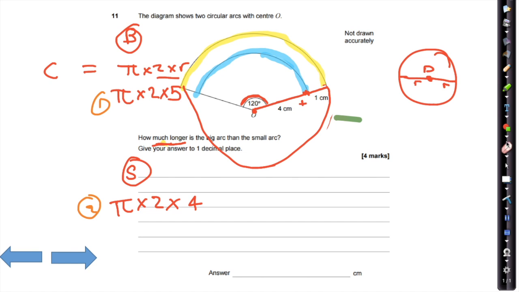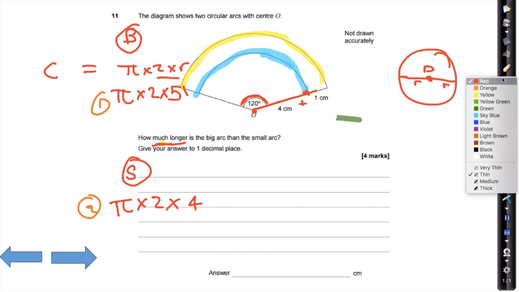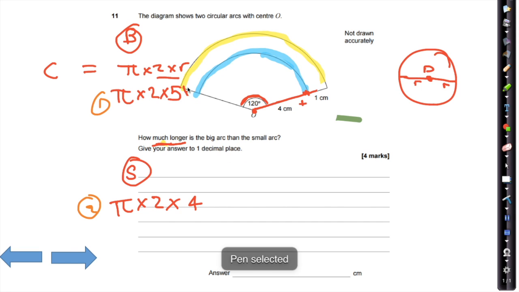But we don't want all of that. In fact, we only want a fraction of it. Out of the full circle, which would be 360 degrees, we only want 120 degrees of that. So we're going to multiply by 120 over 360, because we want 120 degrees out of the full 360 degrees.